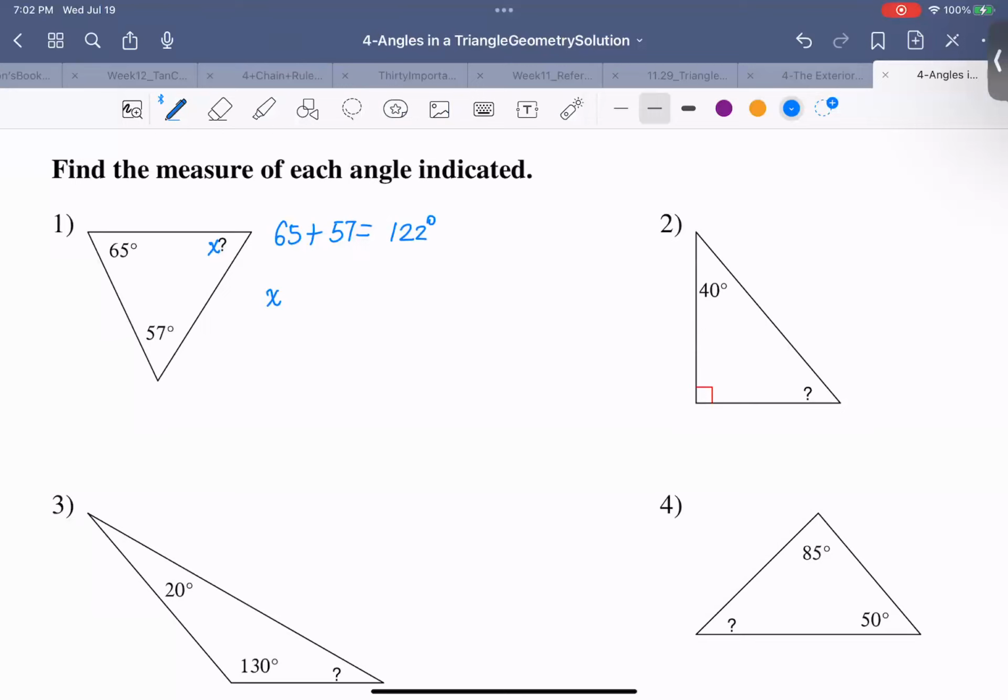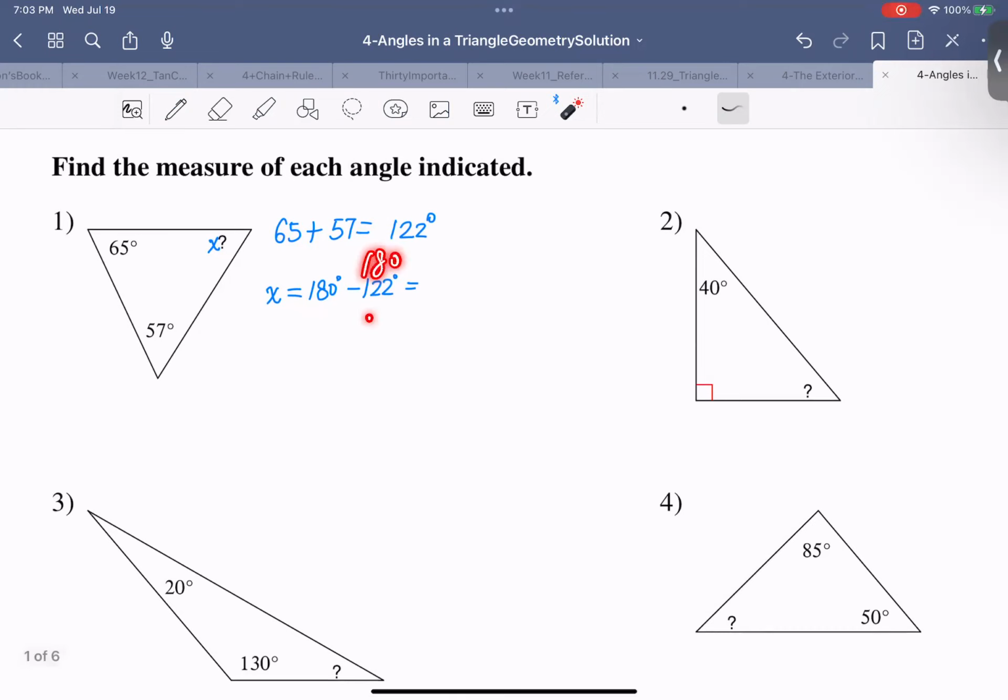So x will equal how much? 180 minus 122. This equals 58, right? Yes, 58 degrees.